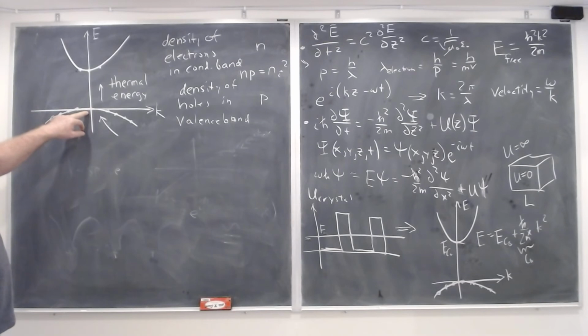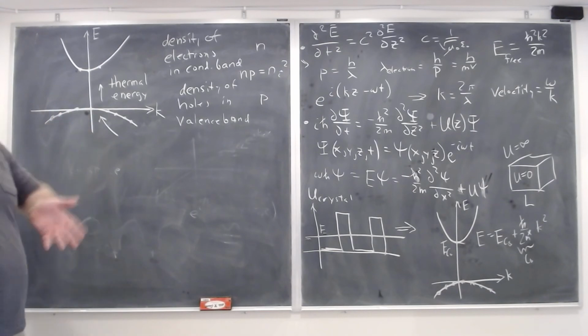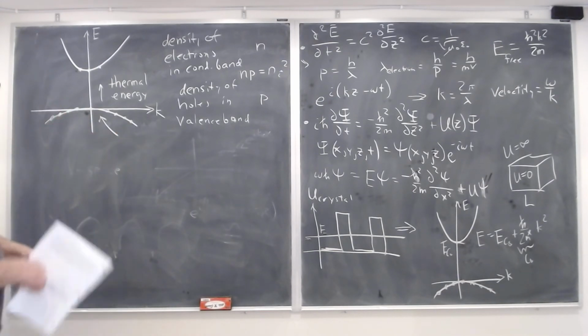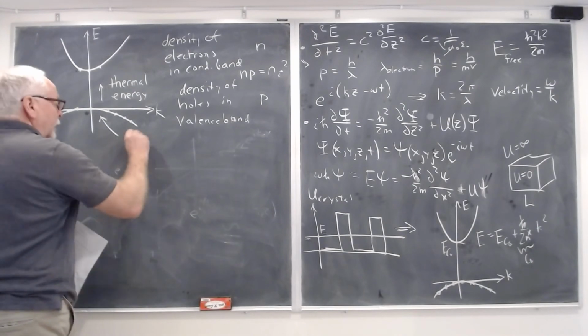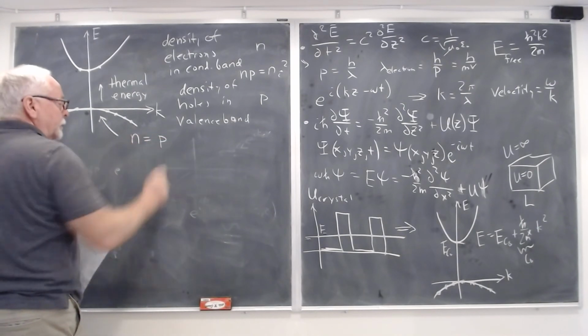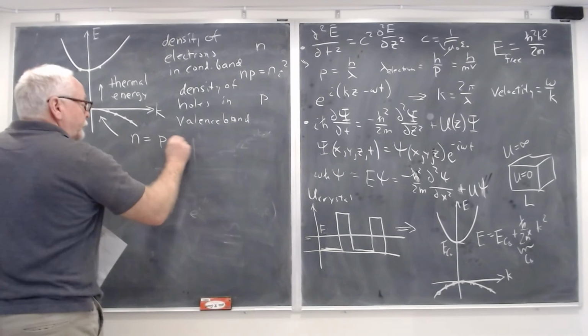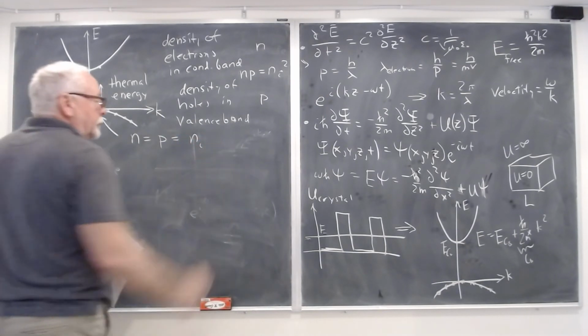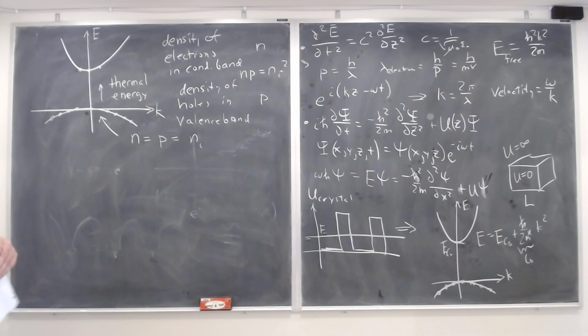Meaning, if a semiconductor is pure, there's no doping, it simply is at an elevated temperature, so there will be an N and a P. All right, N is equal to P is equal to Ni, the intrinsic doping level, or carrier level. And so that's pretty simple to understand.